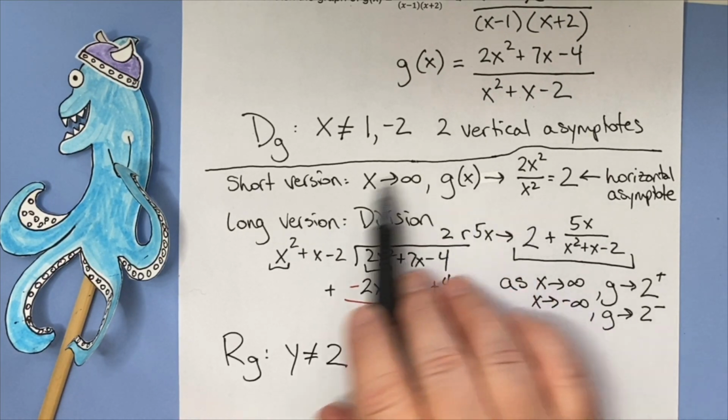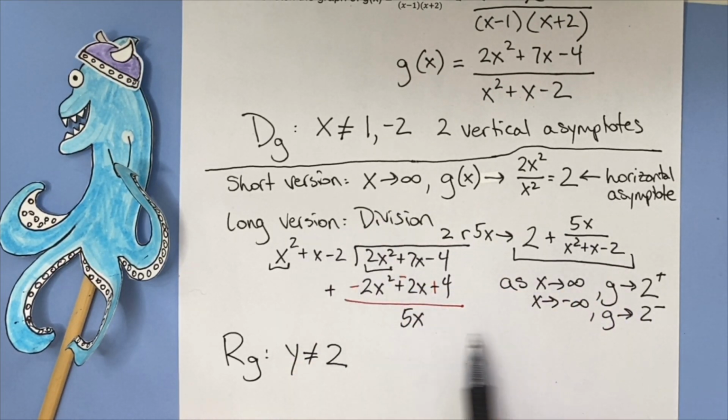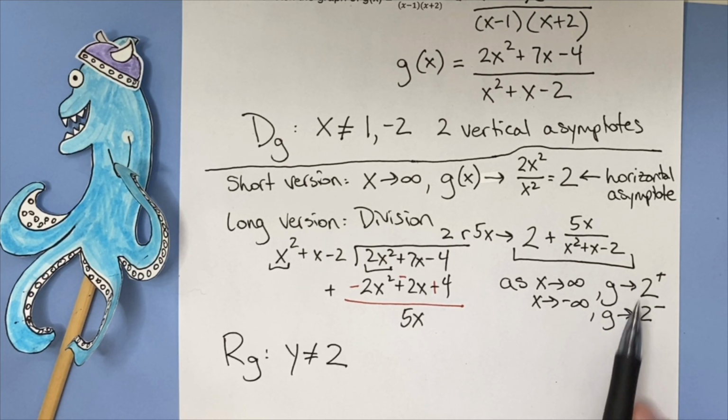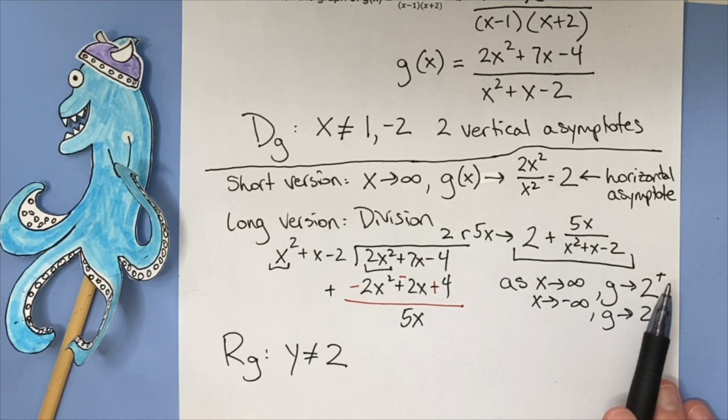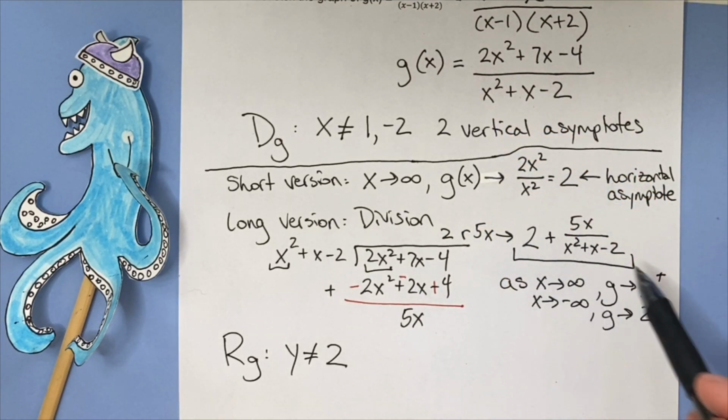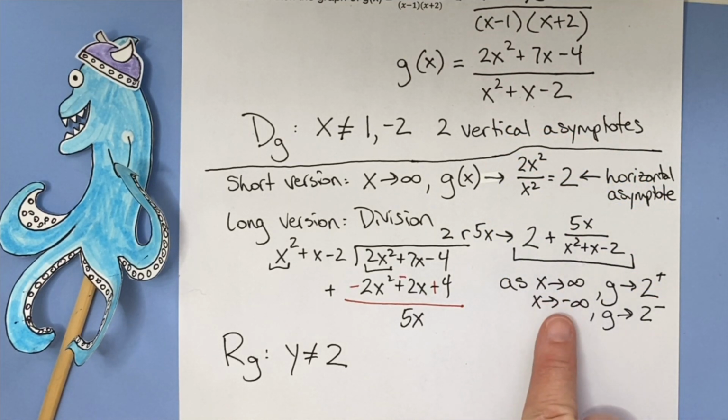But there's a lot of inspection that we can do here to help us determine how it's going to come close to 2. So as x gets very, very large, g is going to approach 2 from above. So it's going to come down towards 2. Whereas when x is getting closer and closer to negative infinity, which is just another way of saying x gets very, very negative, g is approaching 2 from below.